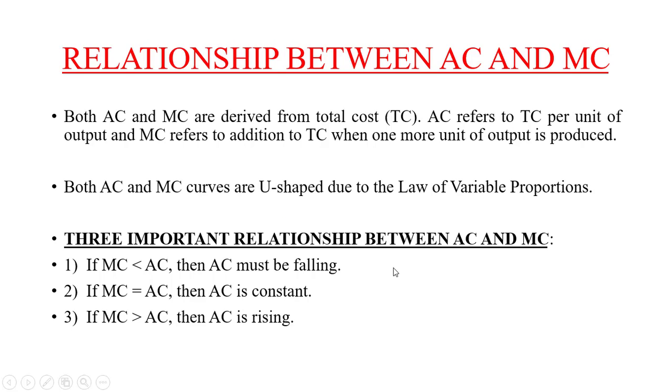These are the three important relationships between AC and MC. What are they? If MC is less than AC, then AC must be falling. If MC is equal to AC, then AC is constant. If MC is greater than AC, then AC is rising. So this relationship you have to remember, and this will be much clearer to you with the diagram.